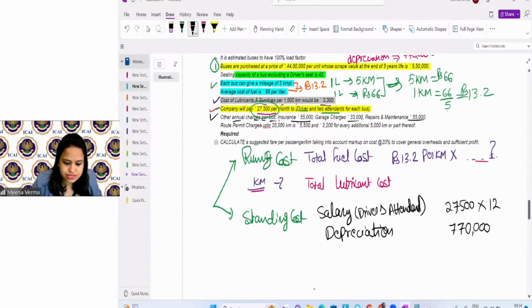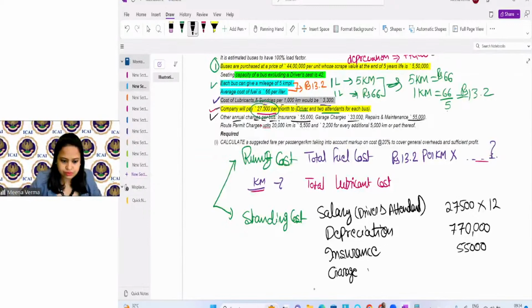So insurance is what? 55,000. Insurance, then garage charges. It is 33,000.